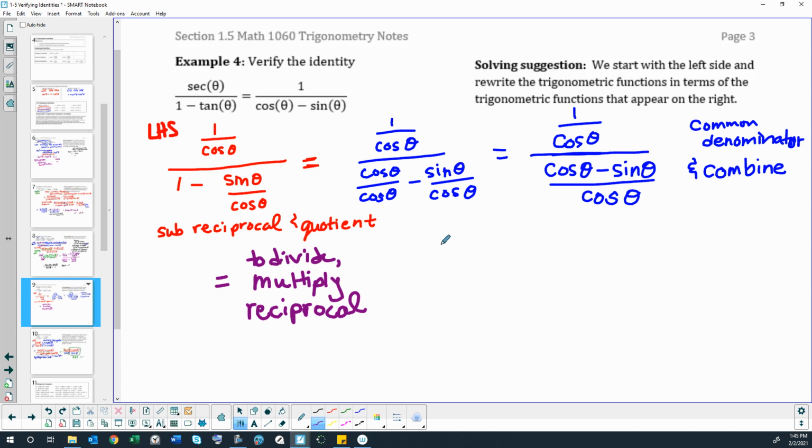Okay, so we've got our top fraction is 1 over cosine. And we're going to multiply by the reciprocal of the denominator. Sometimes I just call this process copy dot flip.